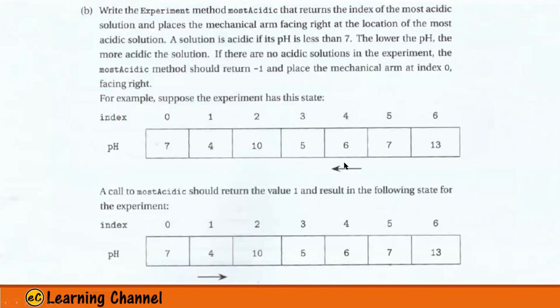The same thing here. I need to reset my reading arm to 0 and face it this way. And then every time I advance one step, get a value, and compare with the minimum. So this actually is a simple finding-minimum algorithm, but with non-random access.